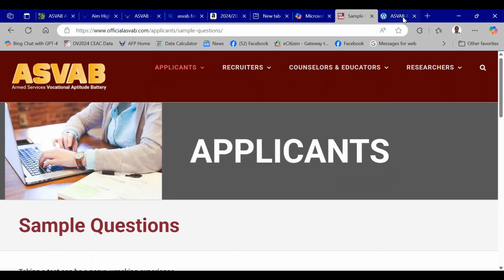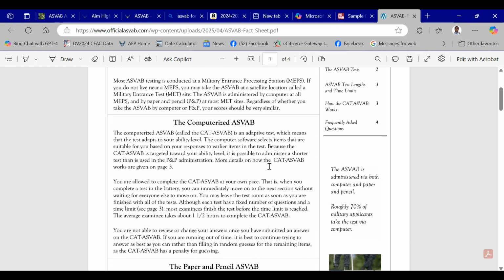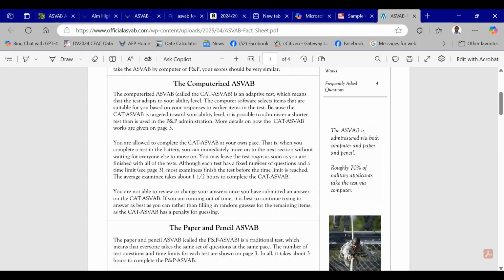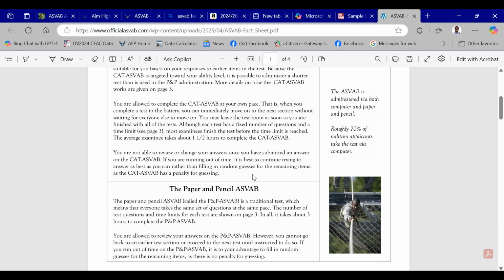And by the way, ASVAB can be in two forms: computerized ASVAB, CAT-ASVAB, which is adaptive, and then also there is the pen and paper traditional test. I don't know which one I did. I think I did the computer test.